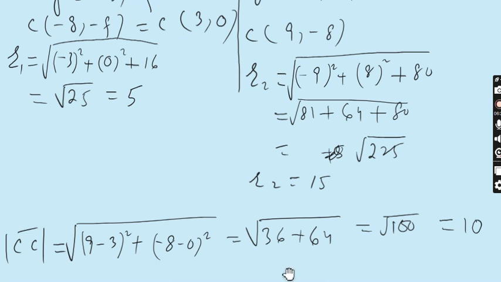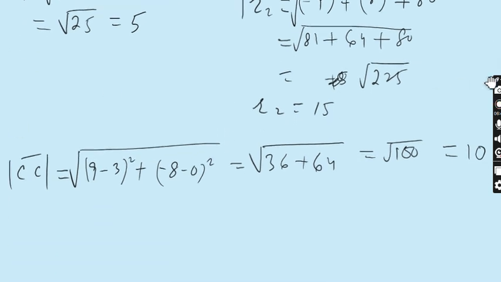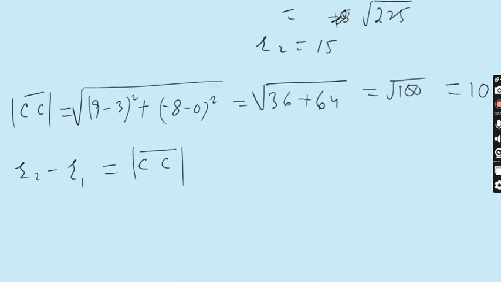Now we apply the theory that if the sum of the radii and the distance between the centers are equal, then the circles touch externally. And if the difference between the radii and the distance between the centers are equal, then the circles touch internally. So obviously you can see that R2 minus R1 equals to C1 C2, the distance between both the centers of the circles.